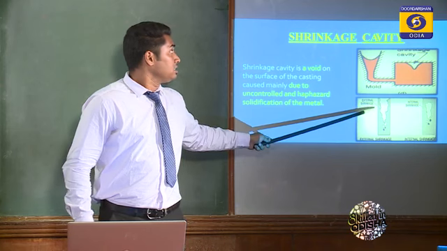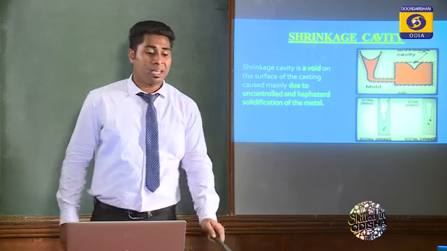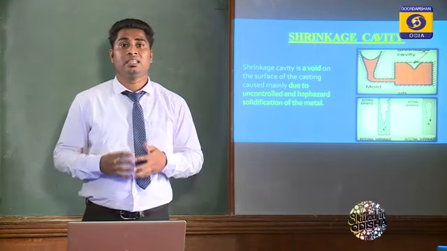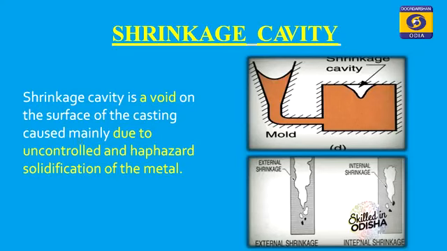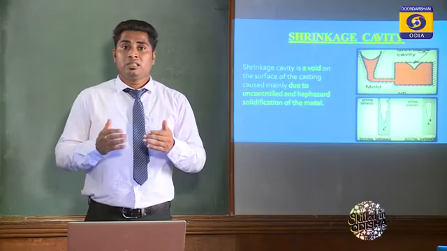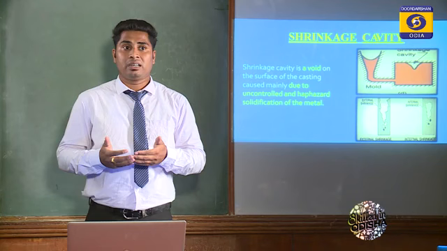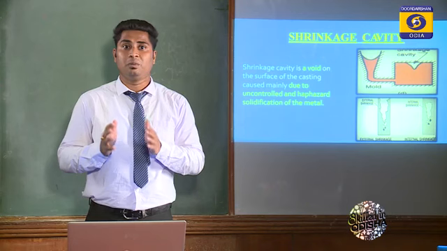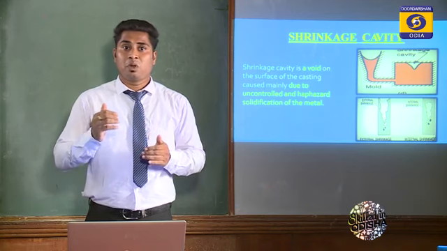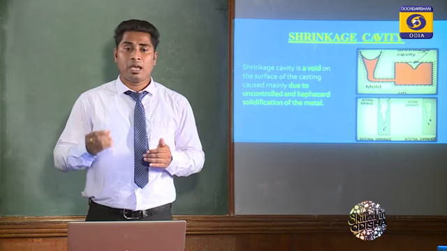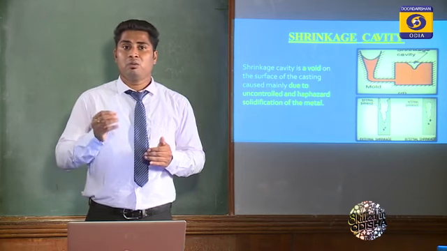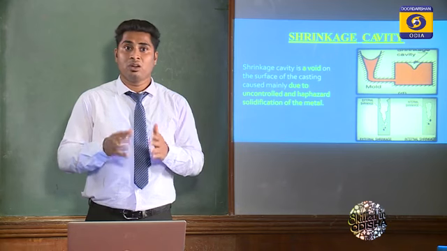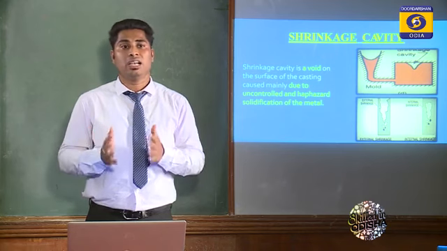The shrinkage cavity or shrinkage defect is a very major defect in the casting process, and to avoid it we have to provide directional solidification. To avoid the shrinkage defect we have to provide a riser at the proper place in the casting process, because the riser provides molten metal to avoid the shrinkage, and the molten metal in the riser solidifies at the end of the casting process.